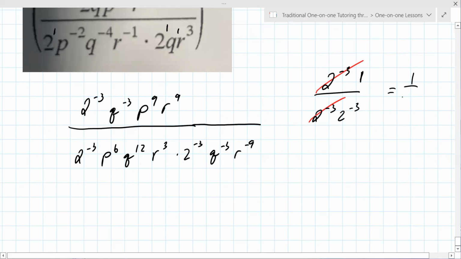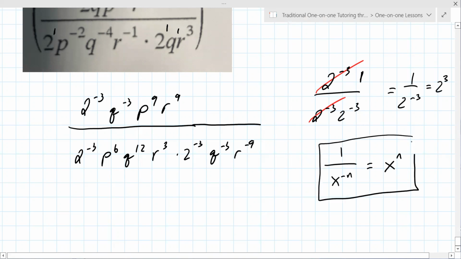So this is 1 over 2 to the minus 3. This is the other property. If you have 1 over x to the minus n, it becomes x to the n. So it's just the one that goes the other direction. So negative exponent on the bottom comes up top. So we're kind of dealing with the numbers differently than with the variables to the exponents, but they're numbers, so that's okay. Point is all of that results in an 8 on the top.